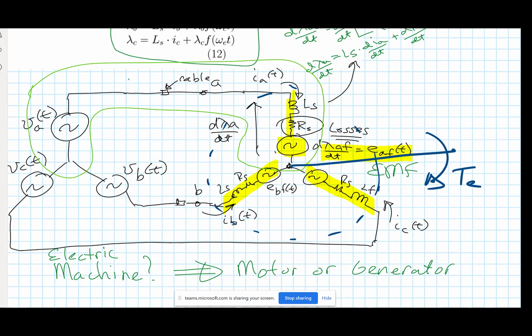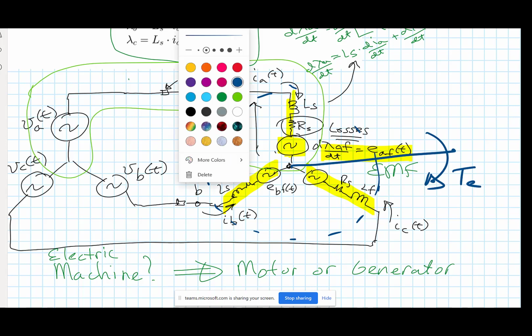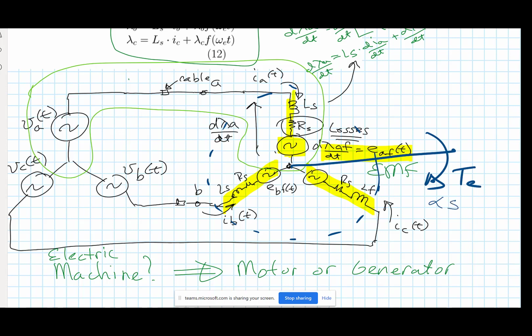I'll put a little sub E right there. It's an electrical torque. And you know what? The electrical torque, next time we'll talk a little bit about this, is going to be proportional to the negative of the sine of a torque angle.